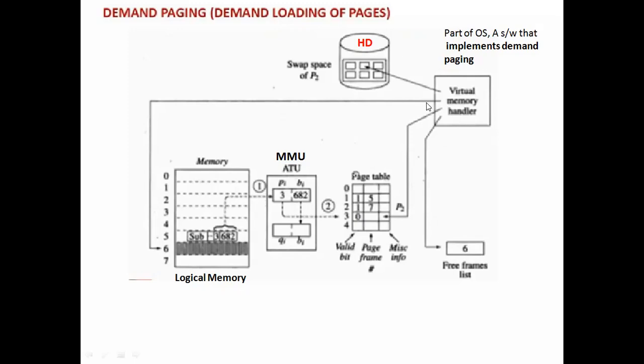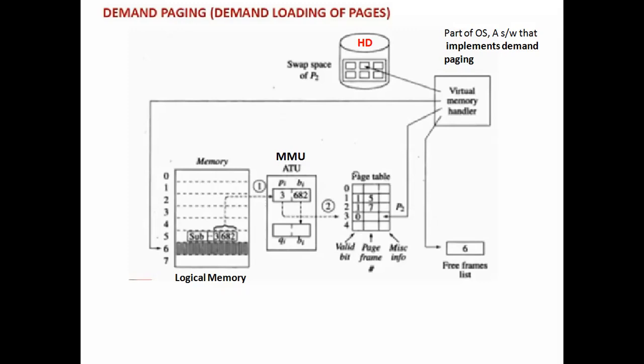So we have an address of 3682 generated by the CPU. Hence we call this a logical address, which has two fields, page number and byte count. So what is the meaning of this? We first look at page number 3, and as its value is 0, that indicates the page is not present in the main memory.